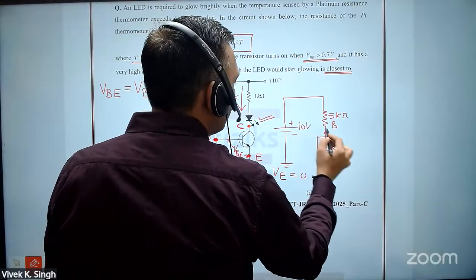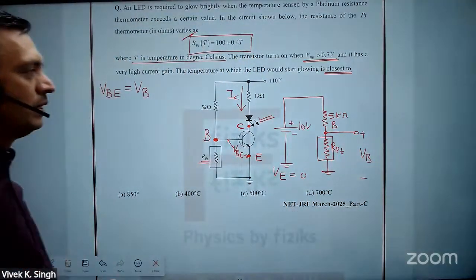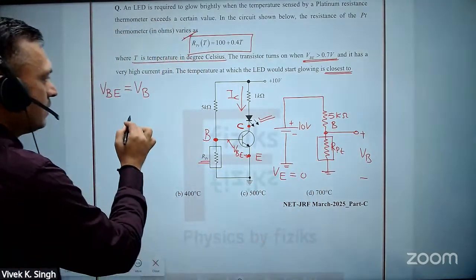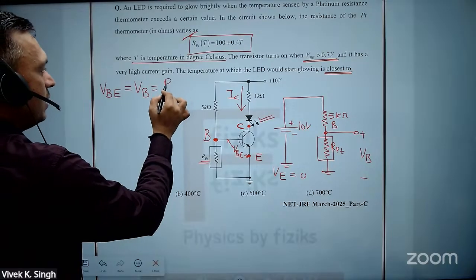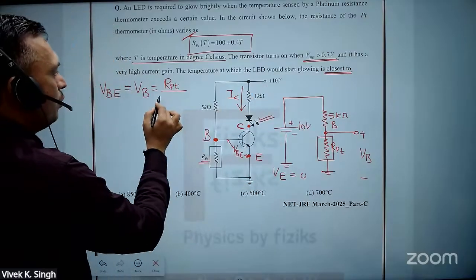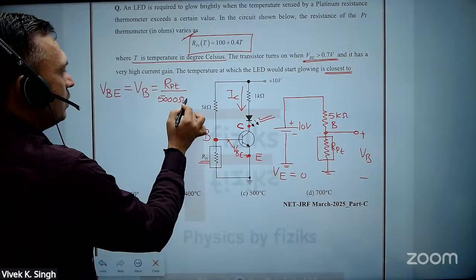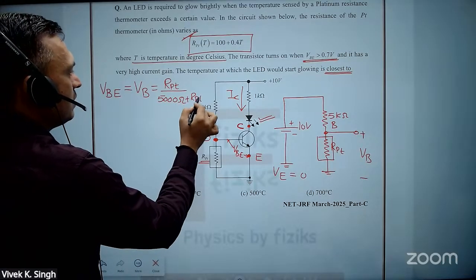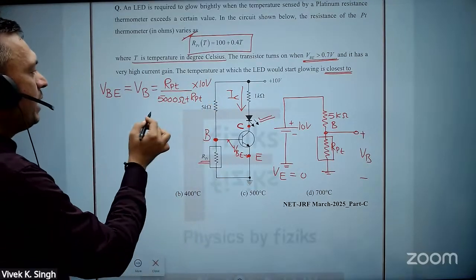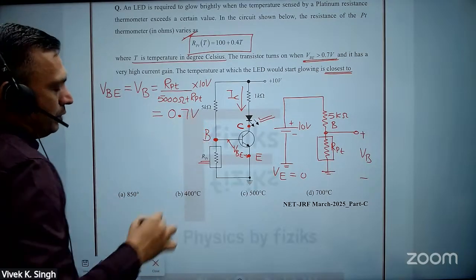So what will be this voltage VB? You should use the voltage divider rule because you have to find the voltage across this. That is simply the platinum resistance divided by 5 kilo ohm, meaning 5000 ohms, plus this resistance, into 10 volt. And I'm taking the smallest value, the minimum, 0.7.